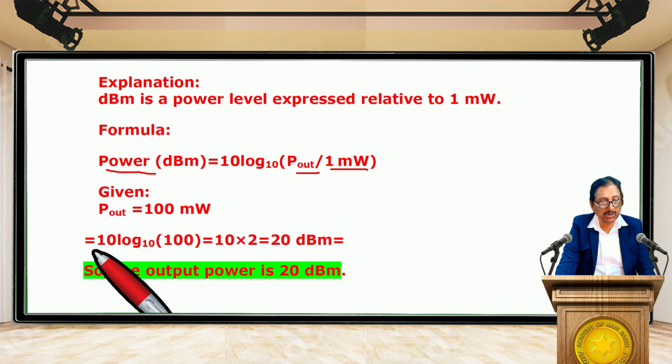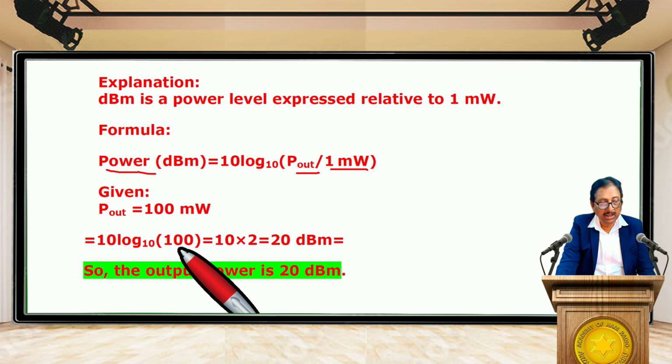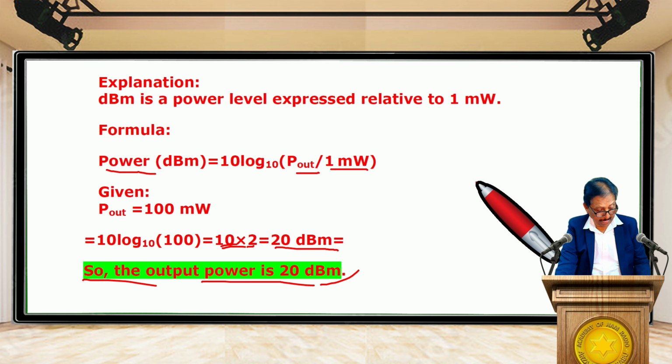So it becomes 10 into log of 100 by 1 to the base 10. Here we can easily calculate log 100 to the base 10. It is 10 square, so it becomes 2. 2 into 10 becomes 20. The answer is 20 dBm.